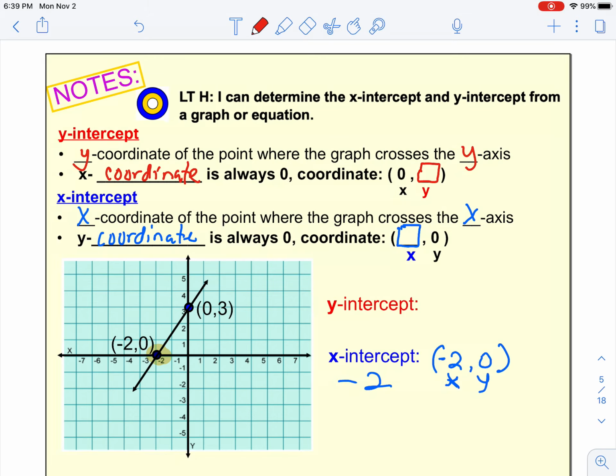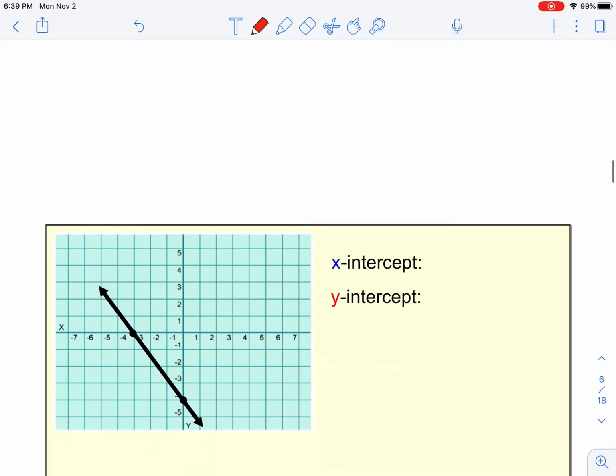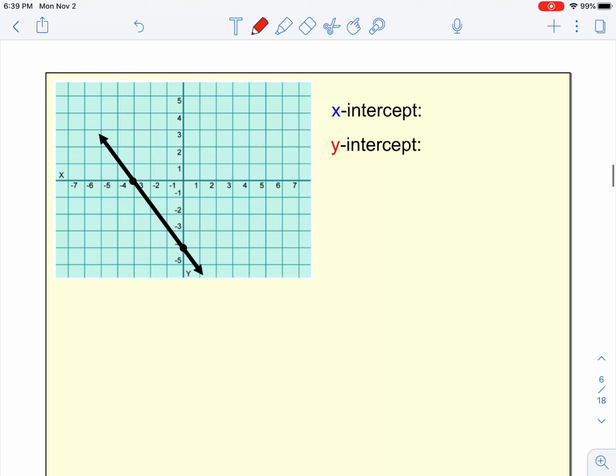Just like we've done with the y-intercept before, we've said the y-intercept is where it crosses the y-axis, and we can see that that point is crossing at 3. So we can say the y-intercept is 3, but we can also list that as an ordered pair, and that is the ordered pair 0, 3. So again, notice that the x value is 0, so it's the y value when your x value is 0.